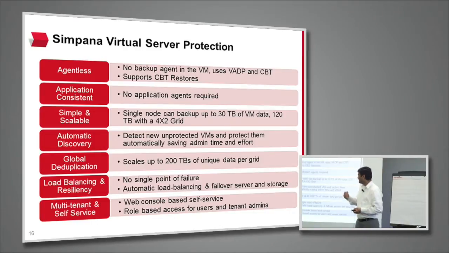And there is one configuration we call the 4x2 grid, which takes advantage of our scalable partition deduplication options, and essentially a 4-node grid can drive protection for about 120 terabytes worth of virtual machine data. That could be 50 VMs, that could be 2000 VMs, it doesn't really matter. We really care more about the size of the allocated data than anything else.